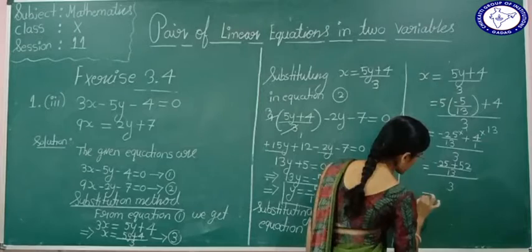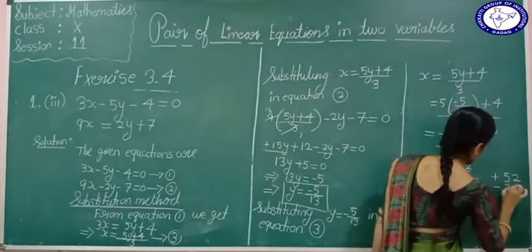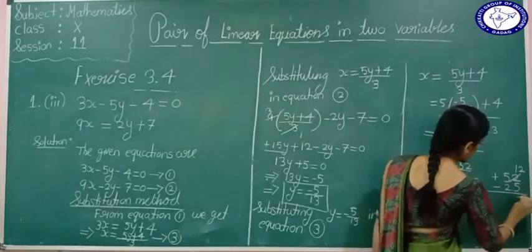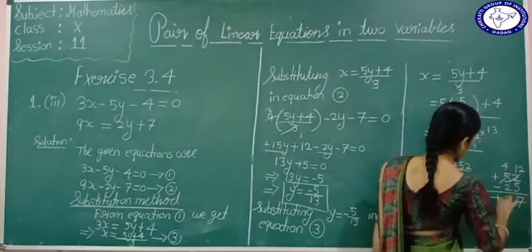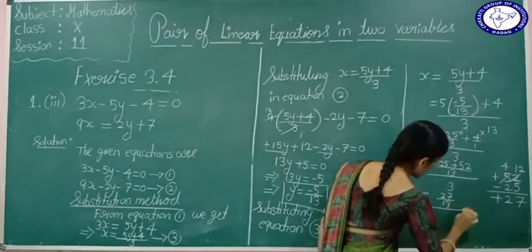What is 52 minus 25? Here it will become 12, 12 minus 5 is 7; here it will become 4, 4 minus 2 is 2. It is nothing but 27 by 13 whole divided by 3.